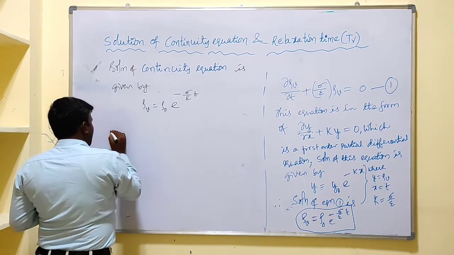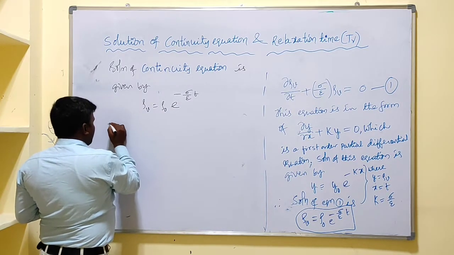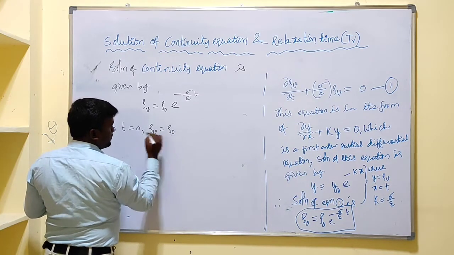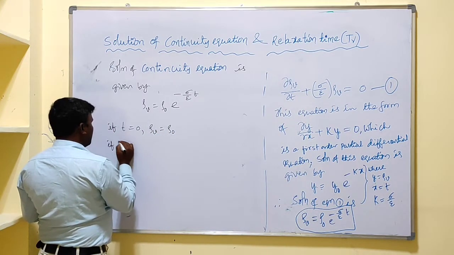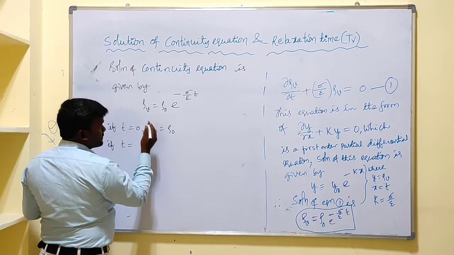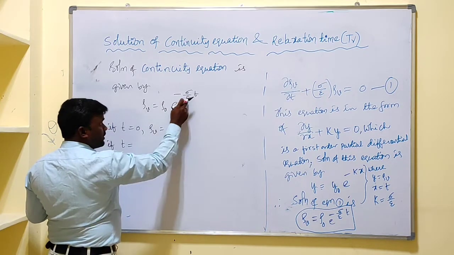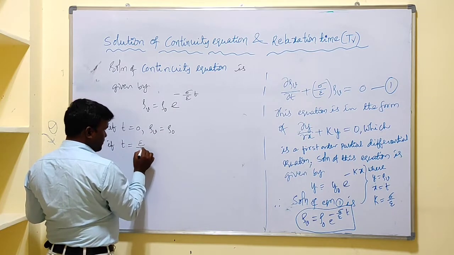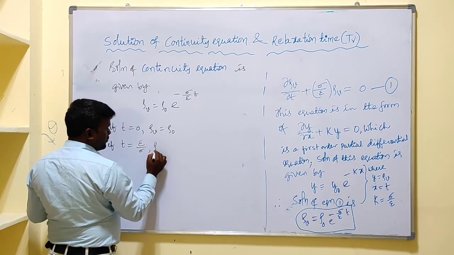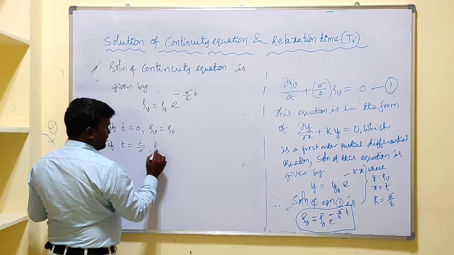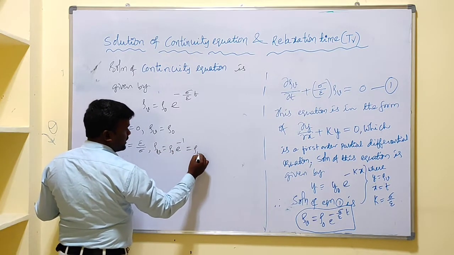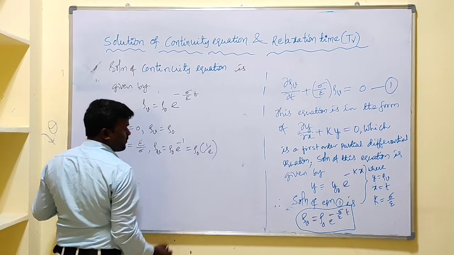Now if t equal to 0, rho v is equal to rho naught. Taking the reverse of sigma by epsilon, let us take t equal to epsilon by sigma. In that case rho v is equal to rho naught into e to the power minus 1, or rho naught into 1 by e.